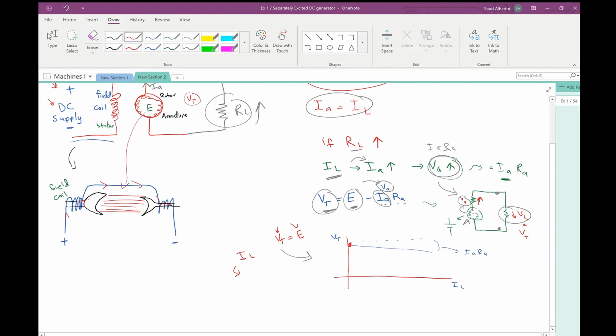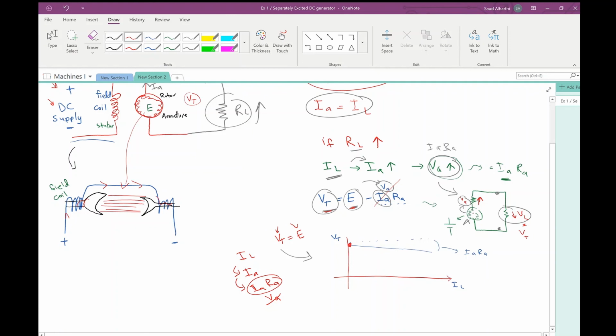Since we don't have load current, by default we don't have armature current, and by default we don't have IA RA, which is VA. And since we don't have this one, that means VT, or terminal voltage, equals the generated voltage. So at the beginning they will be equal.